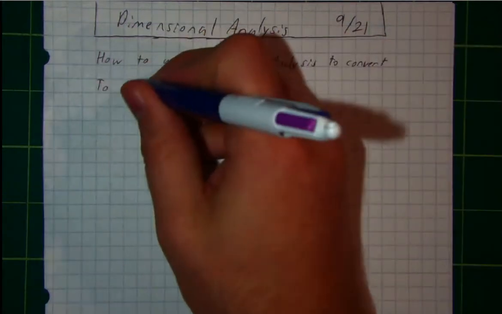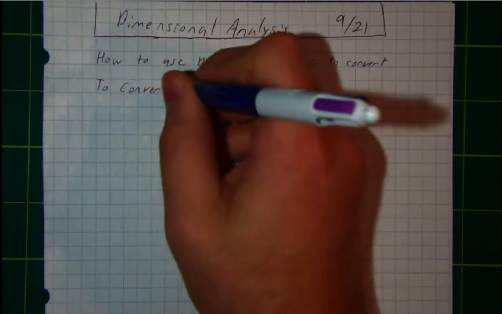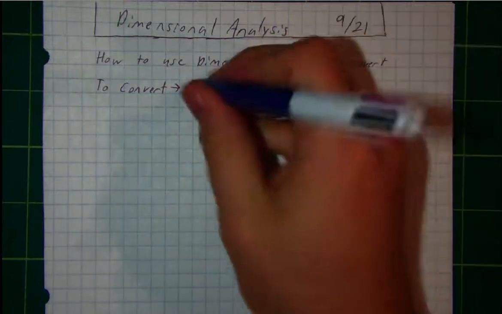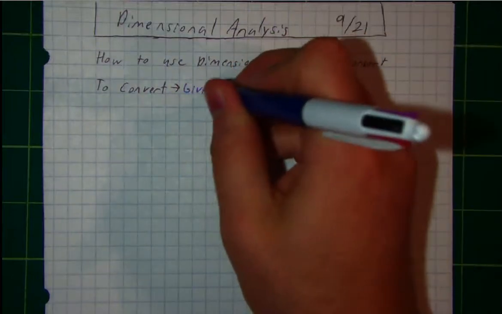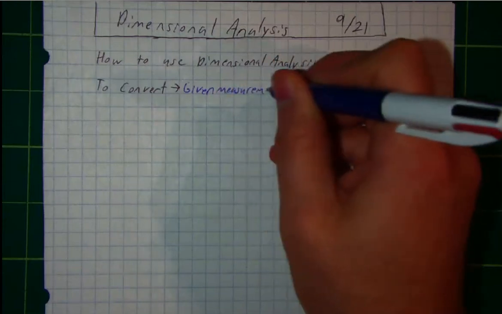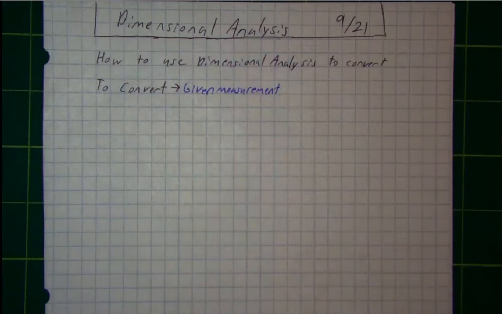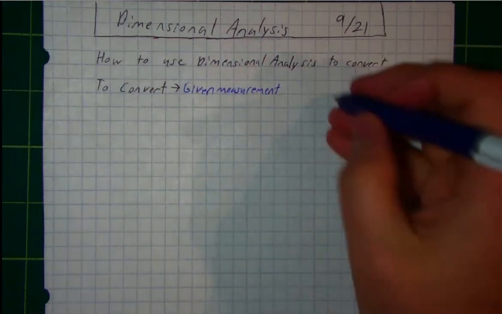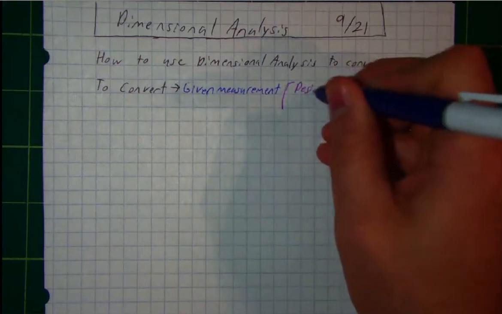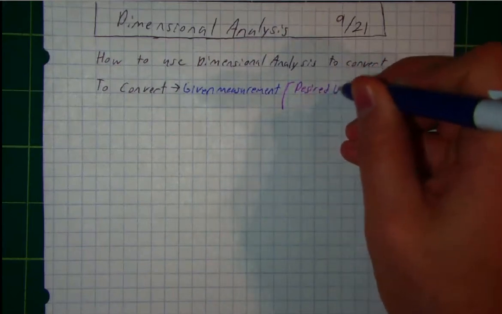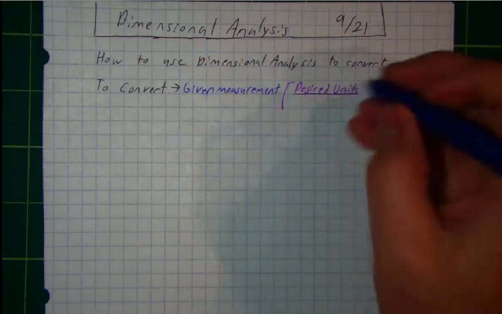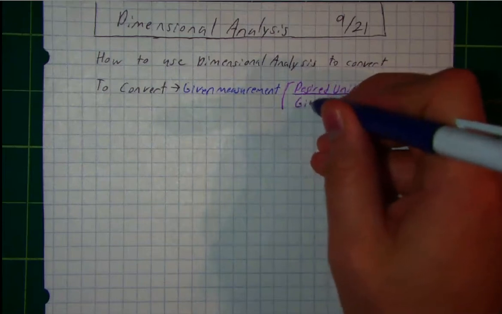To convert, what you will do is take your given measurement and multiply it by your conversion rate, which is your desired units divided by your given units.